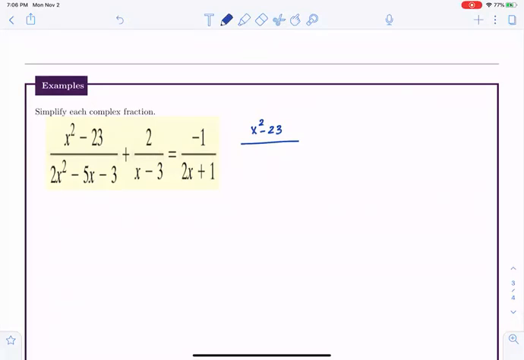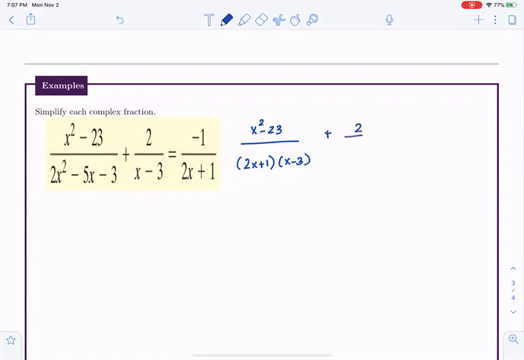The factored version is 2x plus 1 times x minus 3. So if you FOIL, you will get 2x squared minus 5x minus 3.